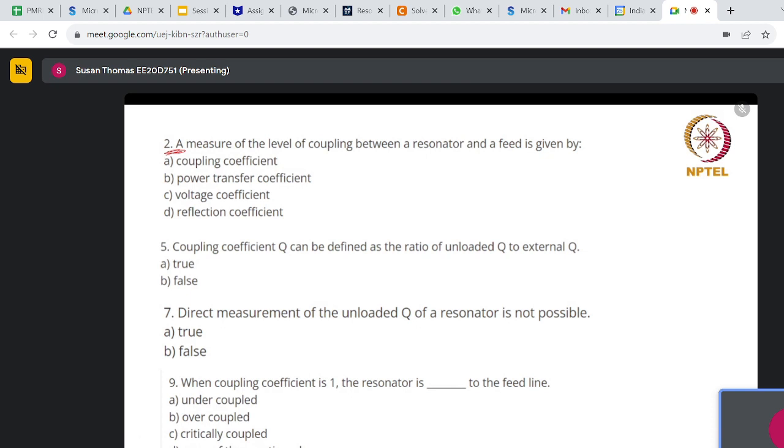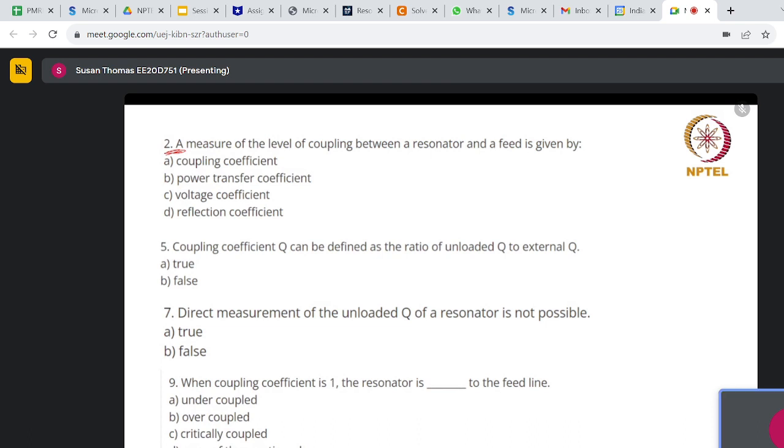So you have a resonator circuit and you have a feed network. So how do we say the measure of how much it gets coupled? That is being given by what coefficient? Is it a reflection coefficient, a voltage coefficient, a power transfer coefficient, or a coupling coefficient? Reflection coefficient.